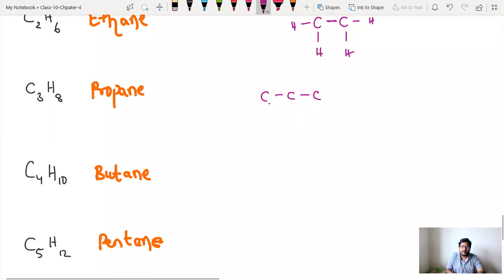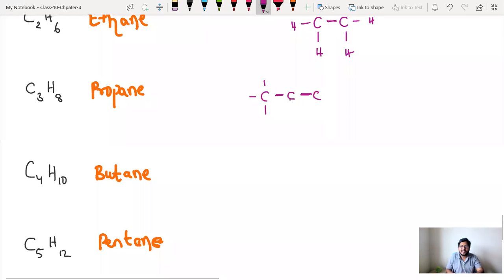You take this first carbon, already 1 is filled, 2, 3, 4. Take this second carbon, one line we have represented here. So what is the total count of second carbon now? It is 2. Because this line belongs to this carbon also.